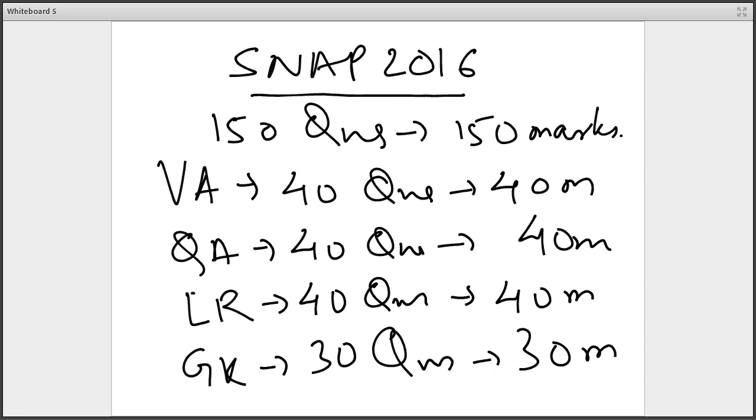This together will ensure that you are very well placed for the SNAP exam on the D-Day. And this should be the core around which your strategy for SNAP should revolve.